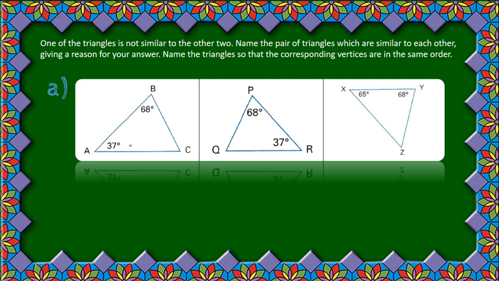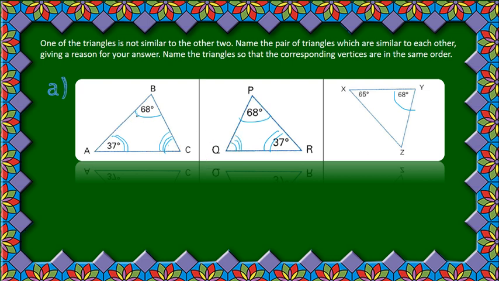If we look at these three, we see that this angle is 68, this one's 68, and here we also have a 68. The second angles: this one has a 37, this one has a 37, but this one has a 65. If two angles are equal in these two triangles, we can conclude that the third angle will also be equal.